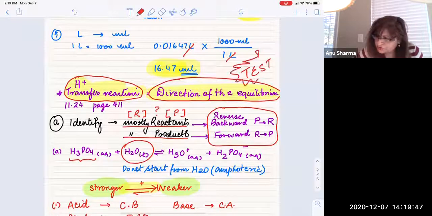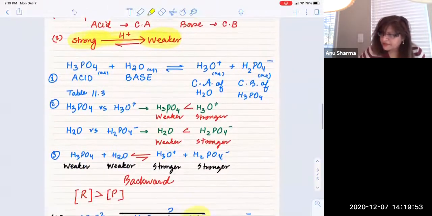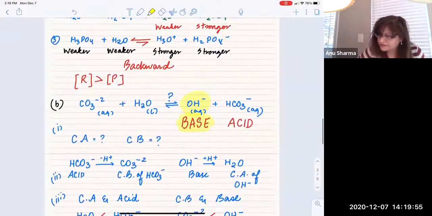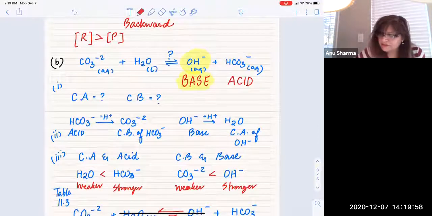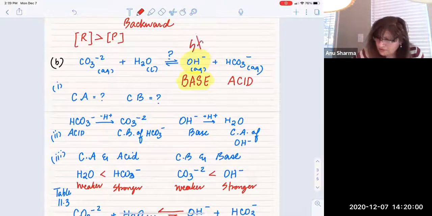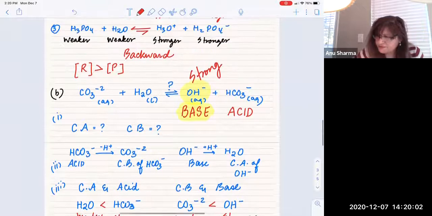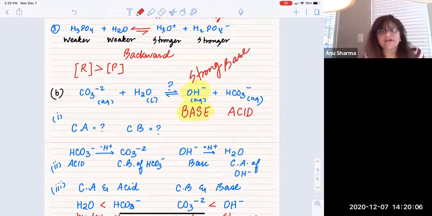Just make sure that you read the table correctly and don't start with water. Here's a trick: anytime you have an OH present, it's always going to be a strong base, always. There's no question. Base, OH ion present, anytime will be base.